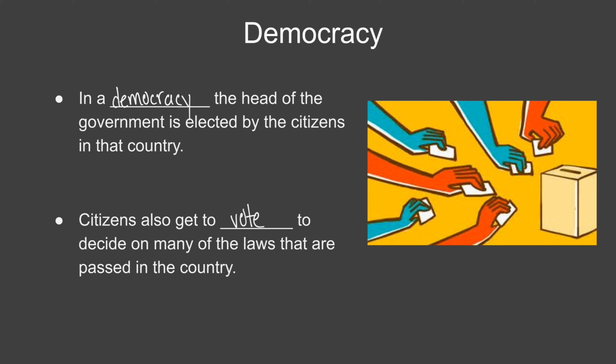For example, in the United States, the president has to be reelected every 4 years, and they only can have 2 terms. So the president can only serve for a maximum of 8 years in the United States. And the number of terms or the number of years varies in a lot of democratic societies, but they usually have term limits, and they almost always have to be reelected after a certain amount of time.